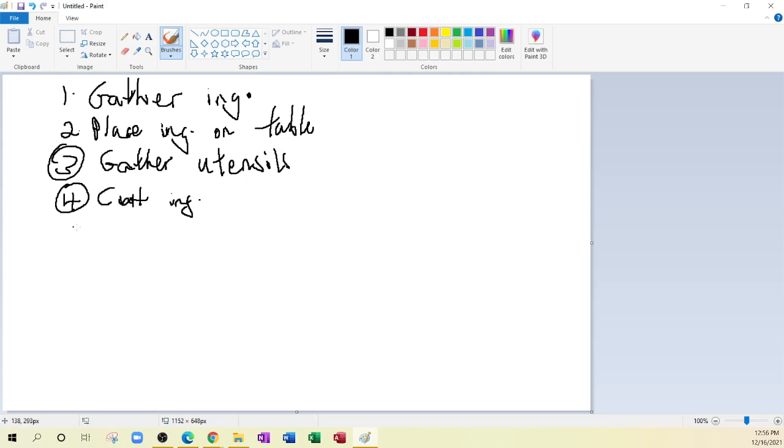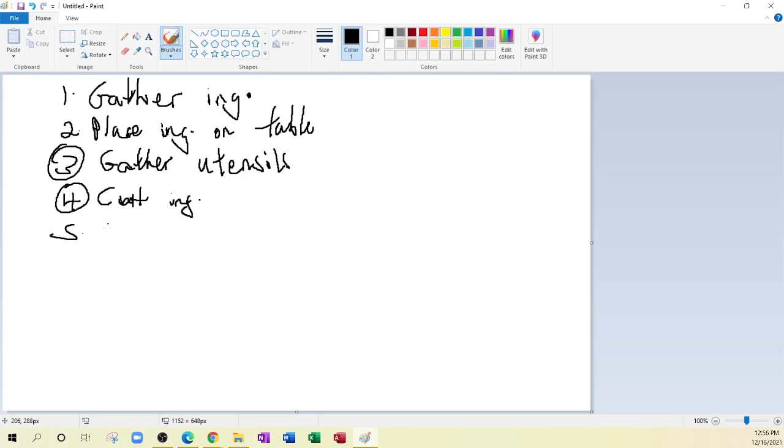What else? After you cut the ingredients, what next? Take out the pan. Place in bowl. What else? What you said, Shanita? Oh, I understand. Place it in a bowl. Okay, good.